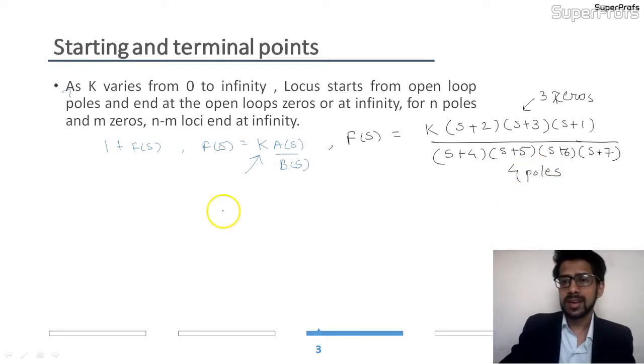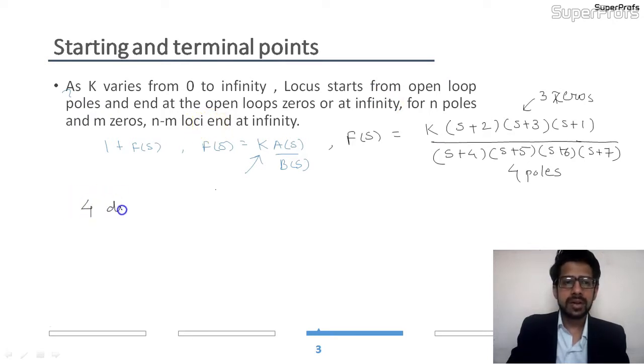Now, according to this statement, as we vary k, the locus will start from the open loop poles. So there will be 4 different root loci segments. Why 4? Because we have 4 poles.